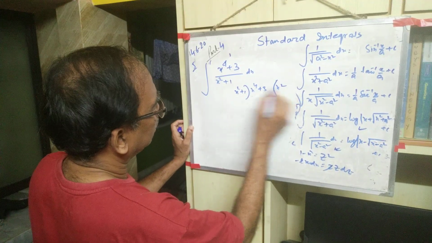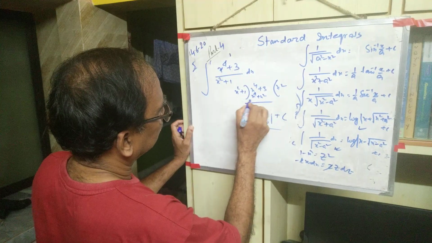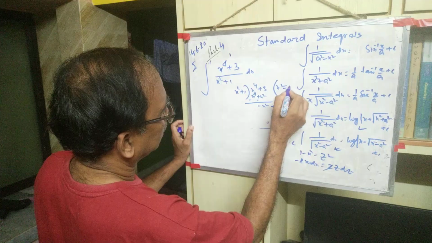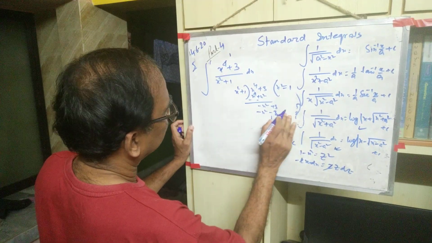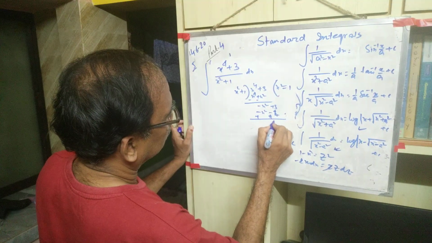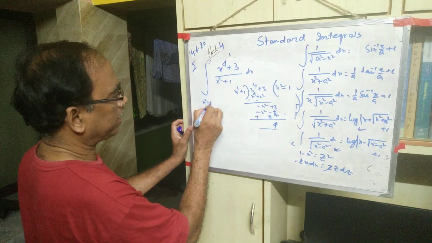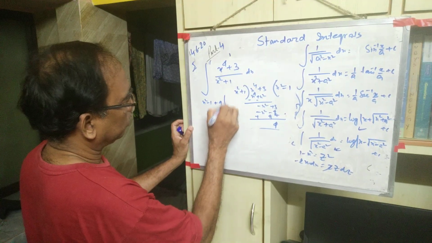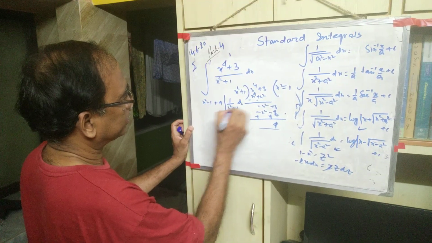Here is x square, that is x to the power 4 plus x square, that is minus x square plus 3, here is minus 1, that is minus x square minus 1, that is 4. Your division value is x square minus 1 plus 4 over x square plus 1 dx.